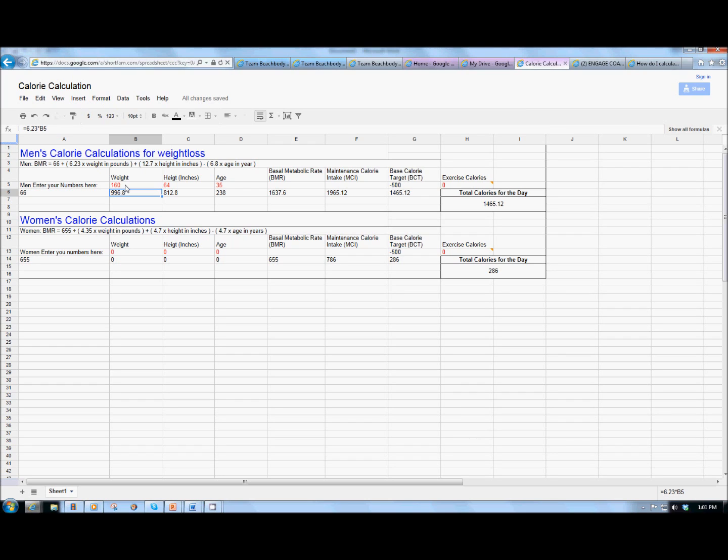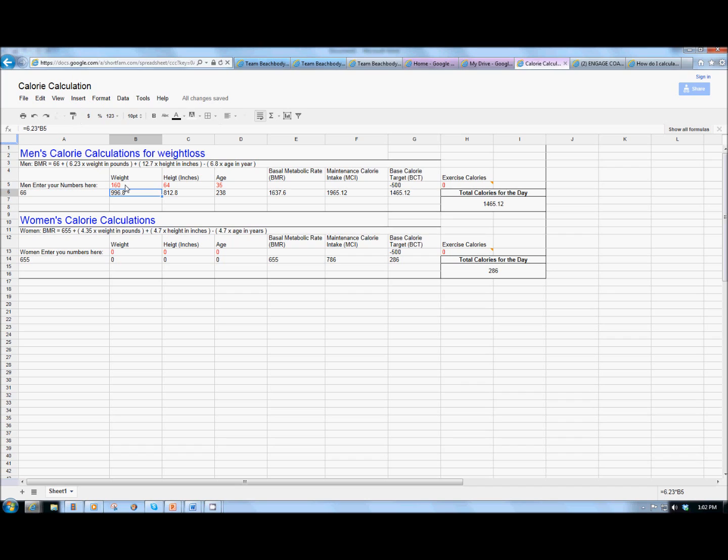So this number is multiplied by 1.2 to give us our MCI, or the number of 1965. This reflects a sedentary lifestyle, which pretty much equates to an office job. This is the amount of calories that I would want to eat to maintain my weight with no workouts.